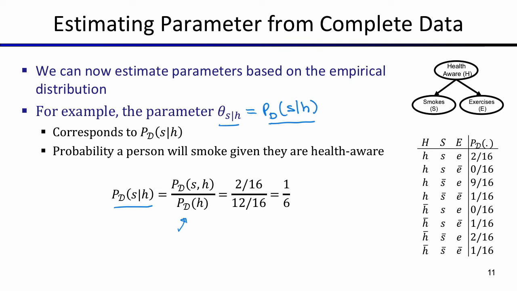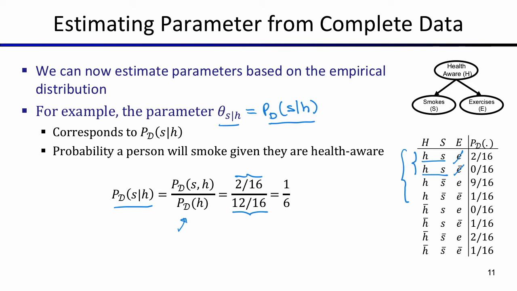numbers. So we have here 2 entries that match health aware and smoker, and we can sum these 2 entries here to eliminate the variable e. So in this case, this 2/16 that we have here is the sum of 2/16 plus 0/16. And for this guy here, the probability of being health aware is going to be the sum of all these first 4 entries in our empirical distribution.